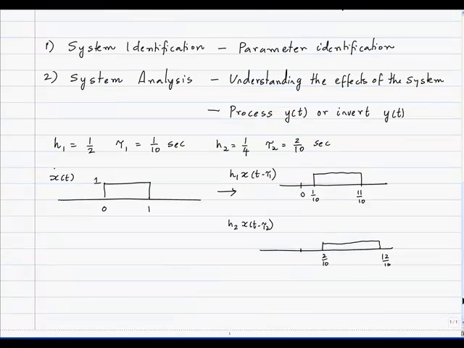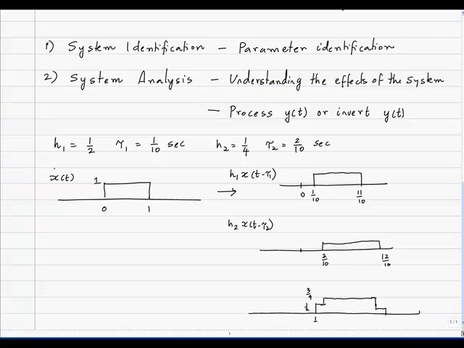So the received signal will be the sum of these two. Between 1/10 seconds and 2/10 seconds, it has the value 1/2. And then it goes up to 3/4. So this is 1/2. This is 3/4. And then it comes down to 1/4 at 11/10.